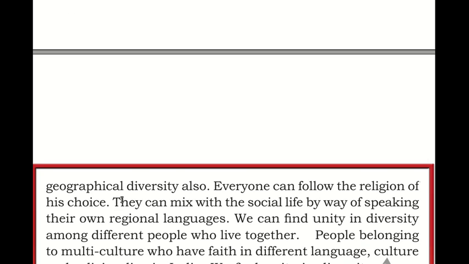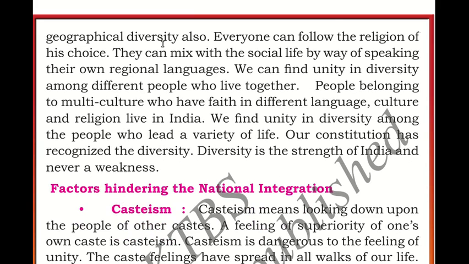Our country has geographical diversity also. Everyone can follow the religion of his or her choice. They can mix with the social life by speaking their own regional languages. So you might have observed that there are a lot of languages spoken in areas near your home. It's not just the regional language; you're also talking in other languages that belong to different parts of the country.